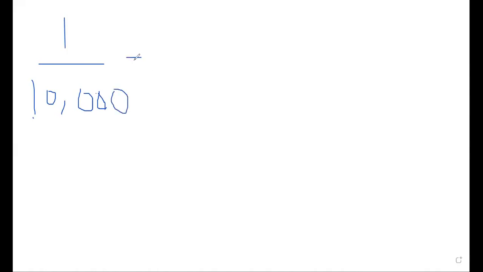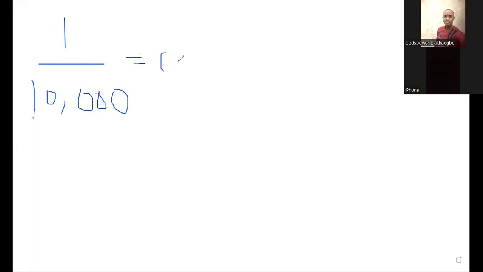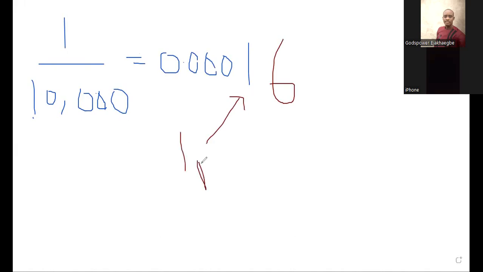And this is exactly 0.0001. Can you see? Now, what if you have another value that is around there? Let's say this is 6. So this value here is 1 pip, and this value here is 6 pipettes.